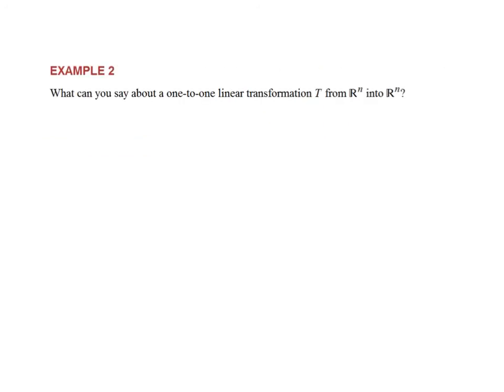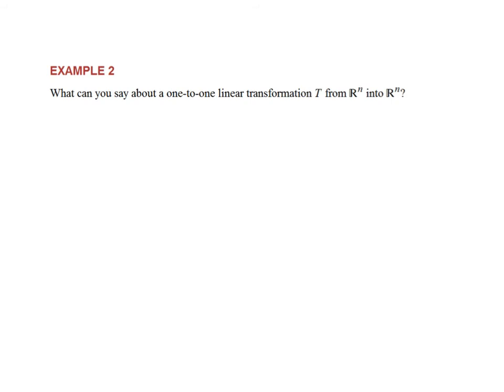And now our last example for the section says, what can you say about a one-to-one linear transformation, T, from Rn into Rn? All right, so we go back and think, how do we connect one-to-one transformations to the topics within the invertible matrix theorem, right? So if you go back to Theorem 12 in section 1.9, go back and look it up.